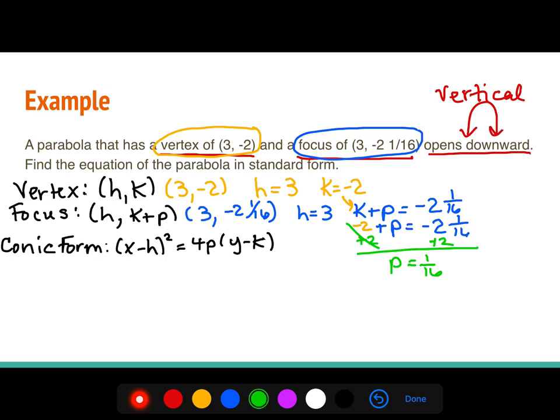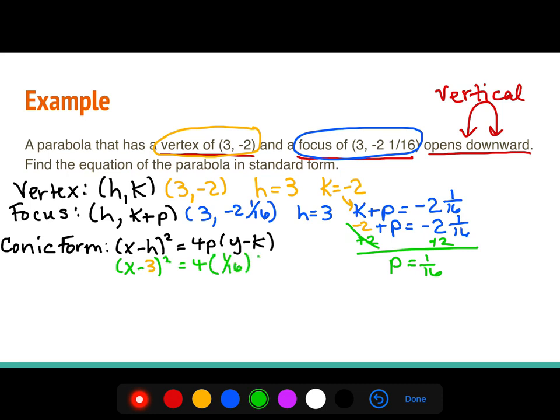And that equation's form is (x minus h) squared equals 4p (y minus k). Just copied that right off that slide.